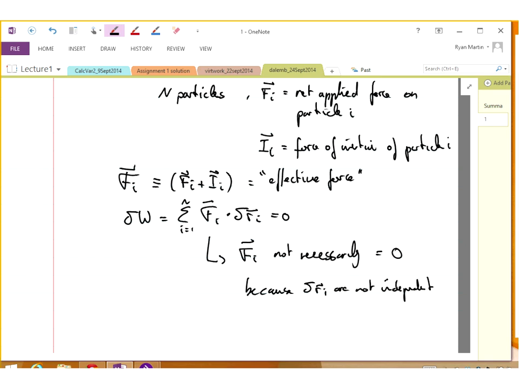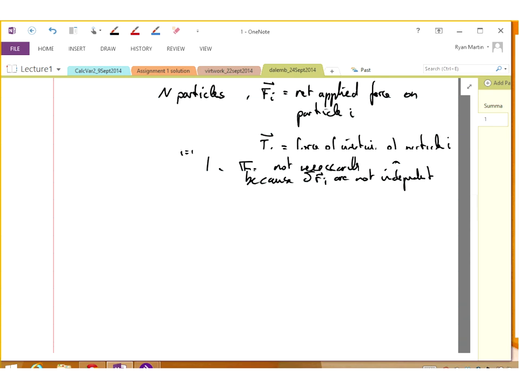Once we had a generalized force dotted with a generalized coordinate, the coordinates can be varied independently, and so the generalized forces are identically 0. So we basically want to do the same thing, except it's going to be much more complicated this time around. And you'll see why in a second.